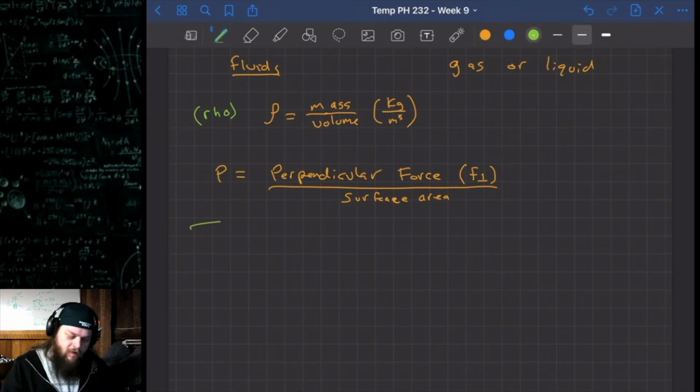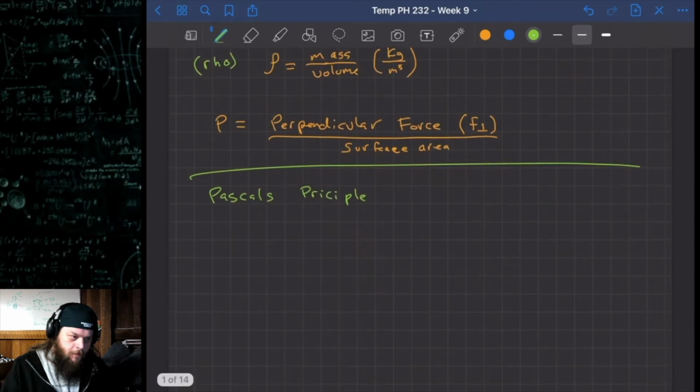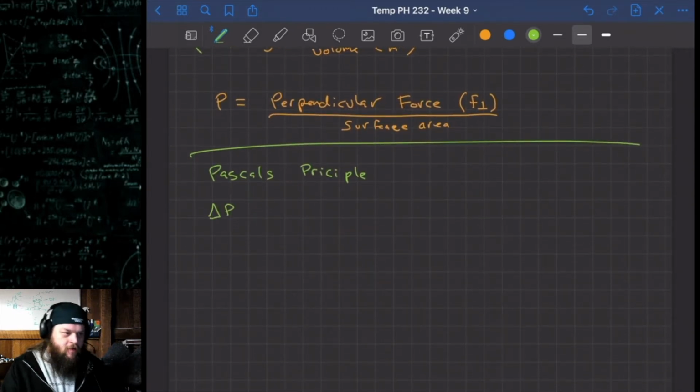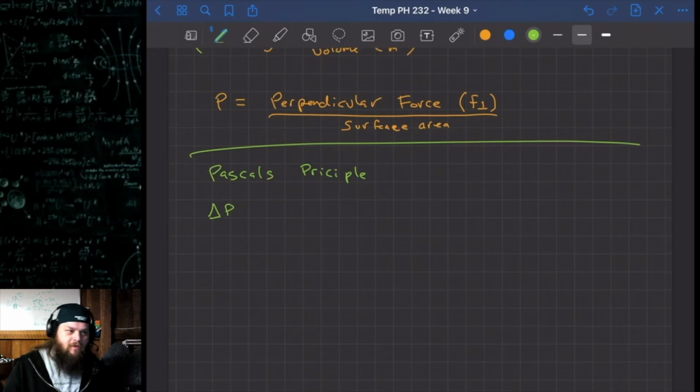We can move on to the idea of Pascal's principle, where the change in pressure is kind of constant. This is usually dealing with a hydraulic system or something to that effect. So I'll say this is a constant.